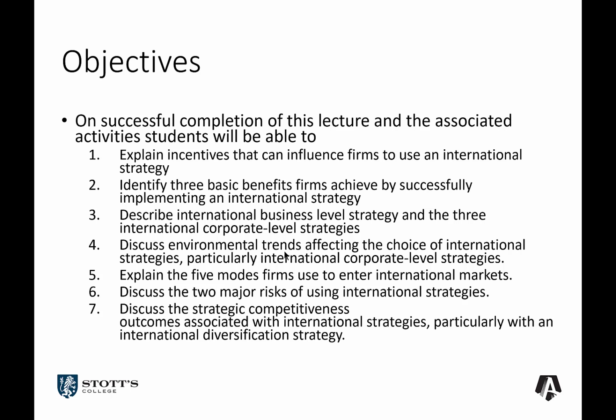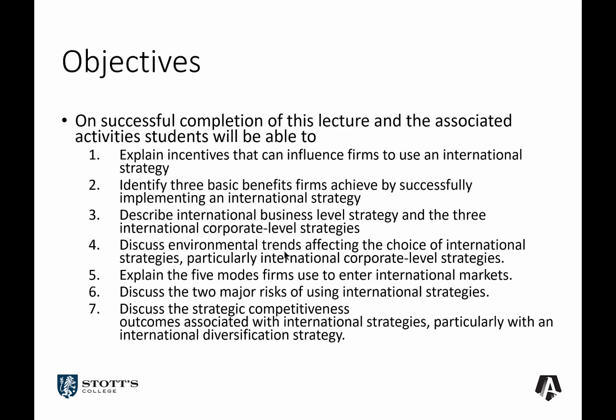Objective 2, identify 3 basic benefits firms achieve by successfully implementing an international strategy. Objective 3, describe international business level strategy. That relates back to the business level strategies that we've discussed before. And 4, international corporate level strategies, slightly different but aligned with our discussion of corporate level strategies last week.